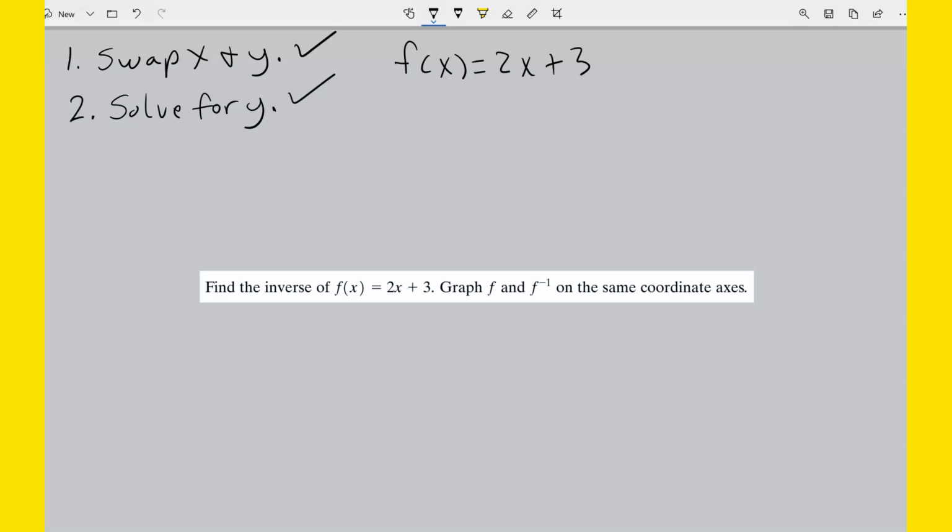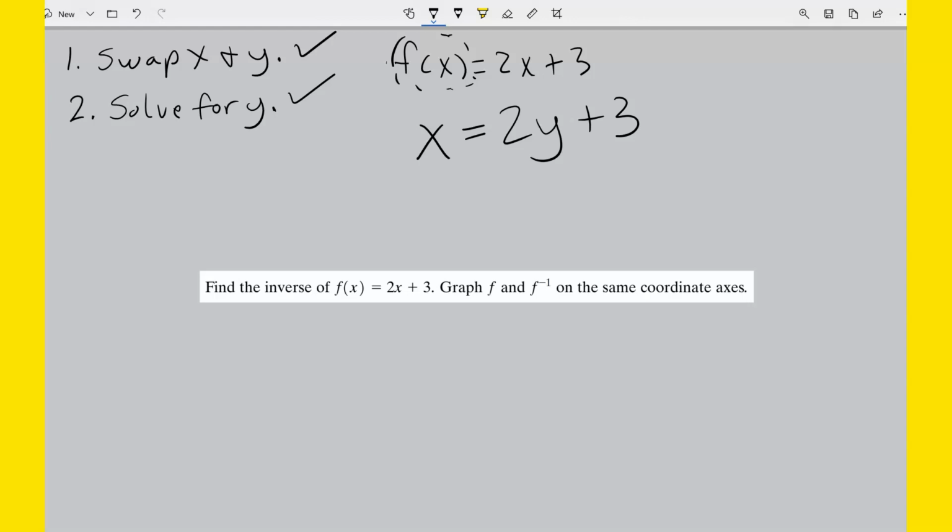Now, when I'm saying y, really I'm looking at f of x here, but I'm calling it y because it's just easier to write y than it is to write f of x. So I'm going to put x where the f of x used to be, and I'm going to put y where the x used to be. So I'm swapping the x and the y.